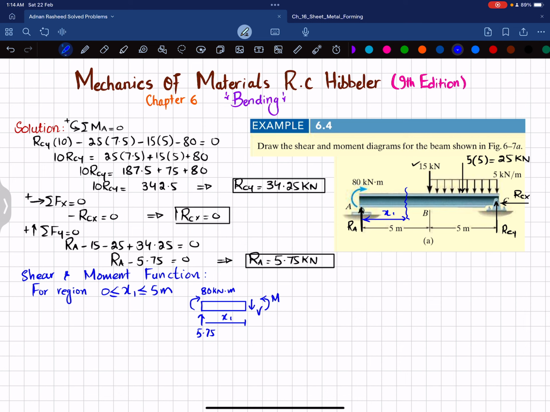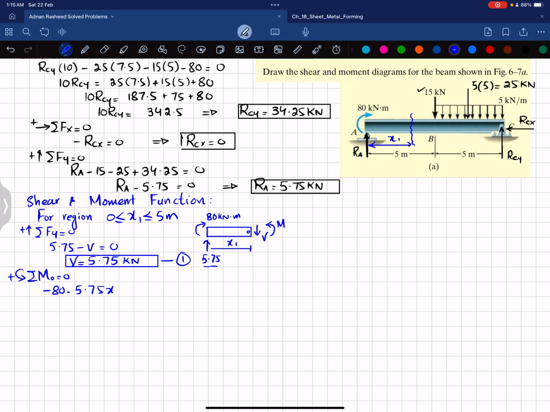Now we'll find this moment by using another equation of equilibrium, that sum of all moment about this point O, this is O point, is equal to 0 and taking the counterclockwise moment as positive. So you can see the first moment is 80 kilonewton into meter, which is clockwise, so it will be taken as negative. So I can write it minus 80. The second moment is due to this 5.75 into perpendicular distance X1, and it is also clockwise, so it will be negative, minus 5.75 into X1.